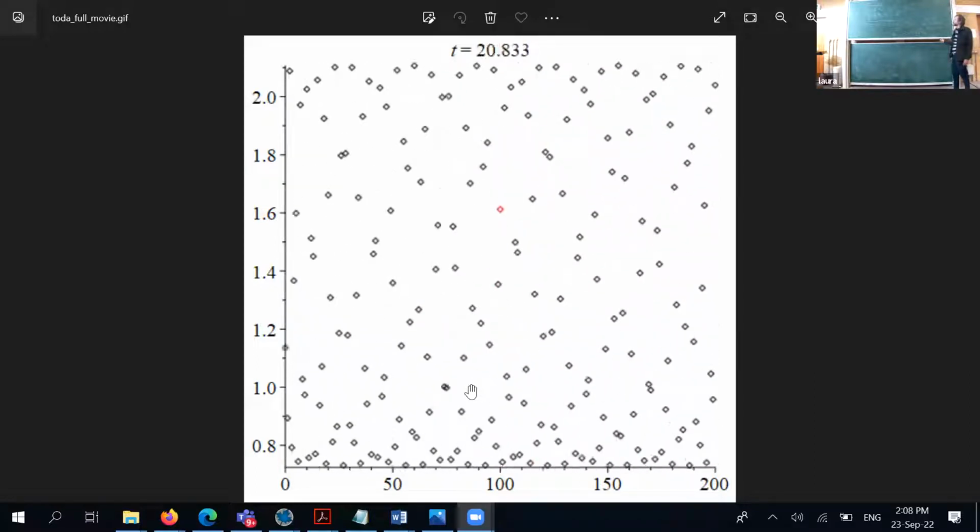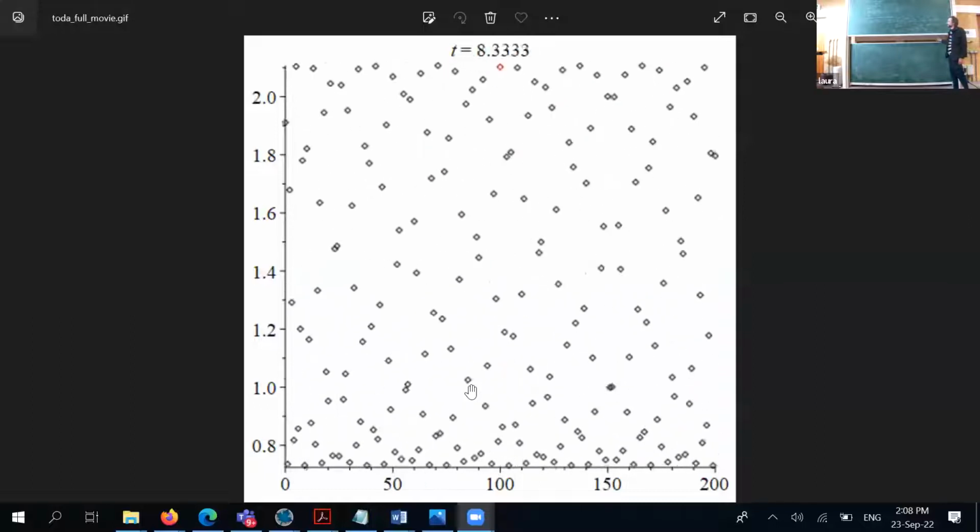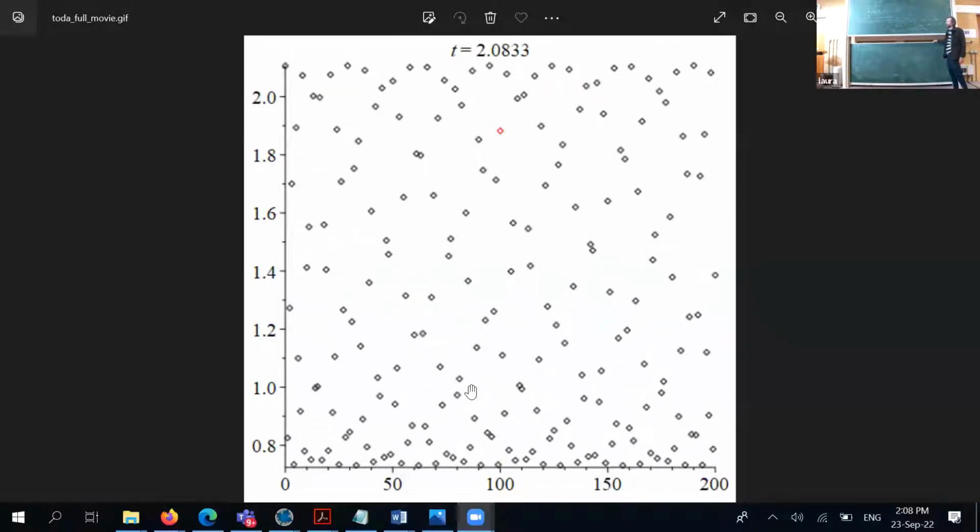What people are often interested in is actually the large n limit.